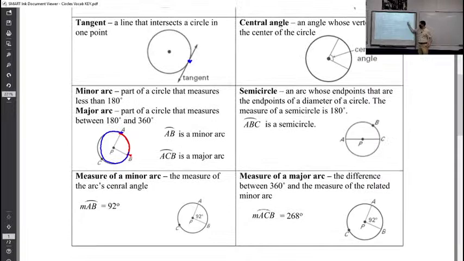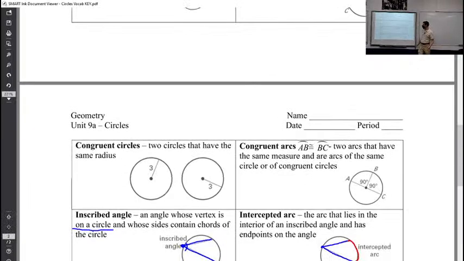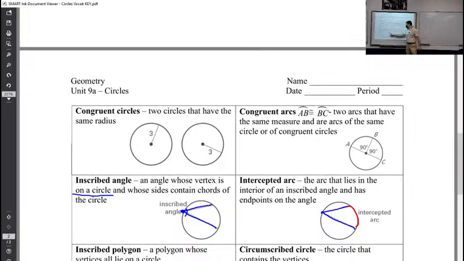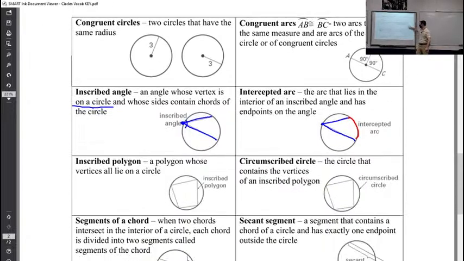Central angle, it was at the center. Inscribed angles are on the circle. And the inscribed angle makes an arc called the intercepted arc. If two circles have the same radius, they're congruent. If two arcs have the same measurement, they're congruent. A polygon that's inscribed has all its vertices on the circle.